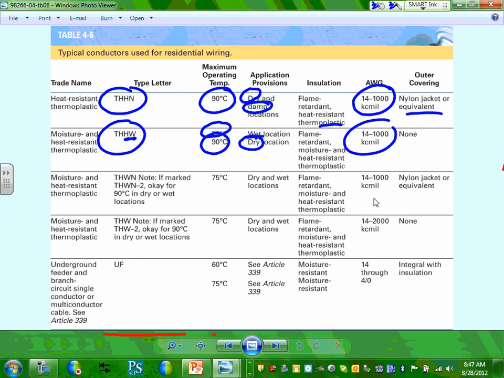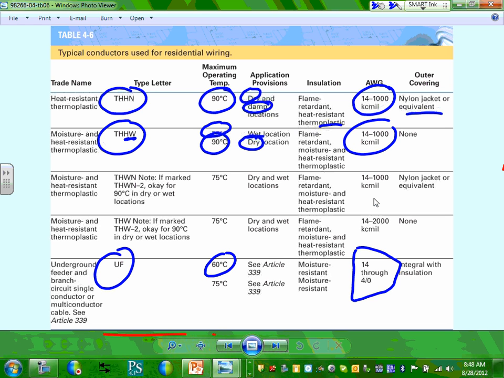If you have a UF cable, remember that UF is underground feeder or branch circuit cable, and this is rated for 60 degrees. These are only the sizes that you can get them in, up to 4/0. After that, you have to move to different wiring methods. So typically we use 60 degrees for sizing.